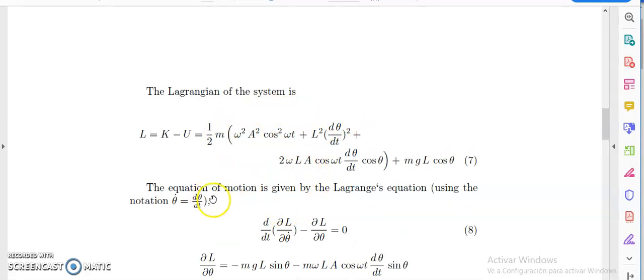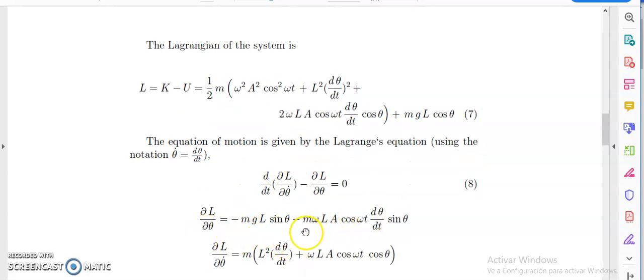Now we will try to find the equation of motion for the pendulum mass, using the Lagrange equation with the notation theta dot equals the derivative of theta with respect to t. We need to calculate the partial derivative of the Lagrangian with respect to theta, the partial derivative of the Lagrangian with respect to theta dot, and then take the derivative with respect to time of the partial derivative of the Lagrangian with respect to theta dot.